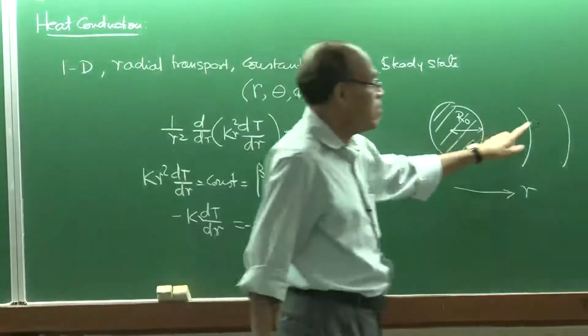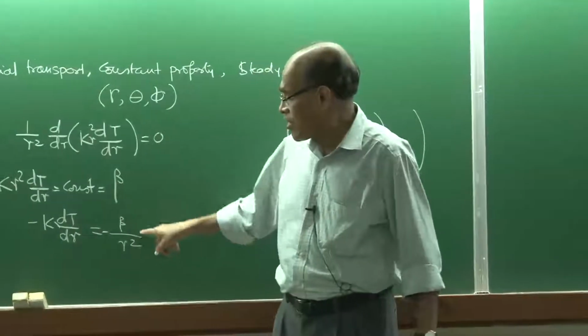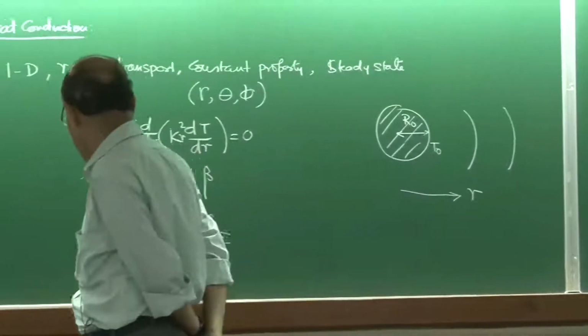The heat flux here, everywhere it applies, and this shows that while beta is a constant, the flux varies inversely to the square of the radial distance.